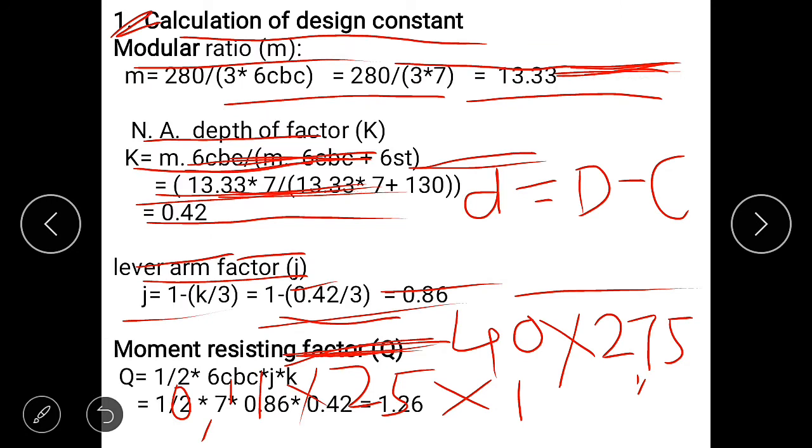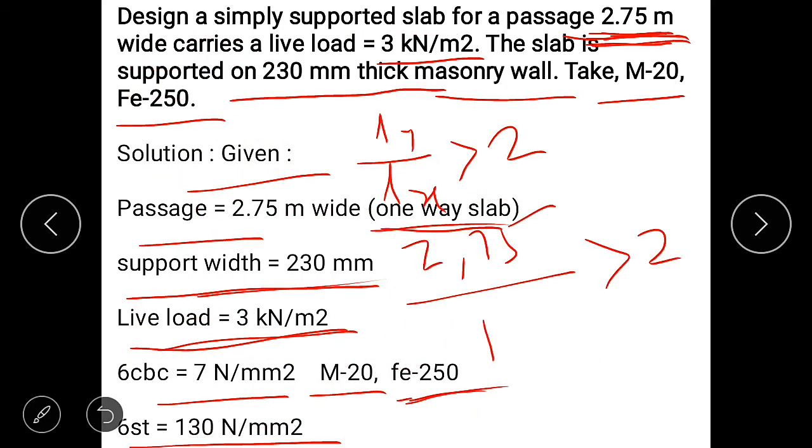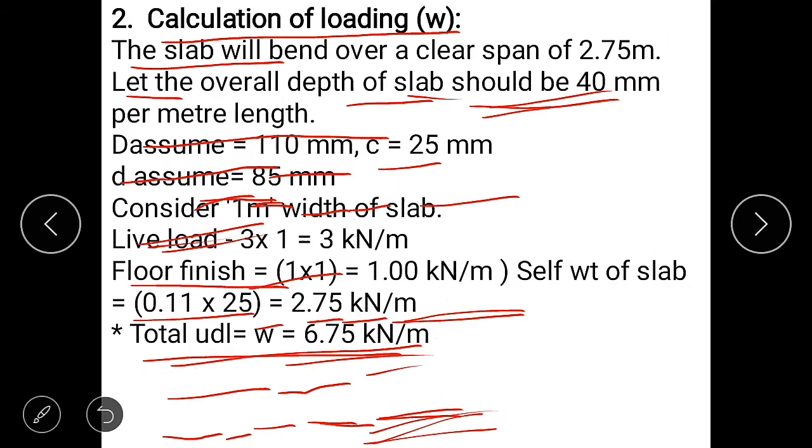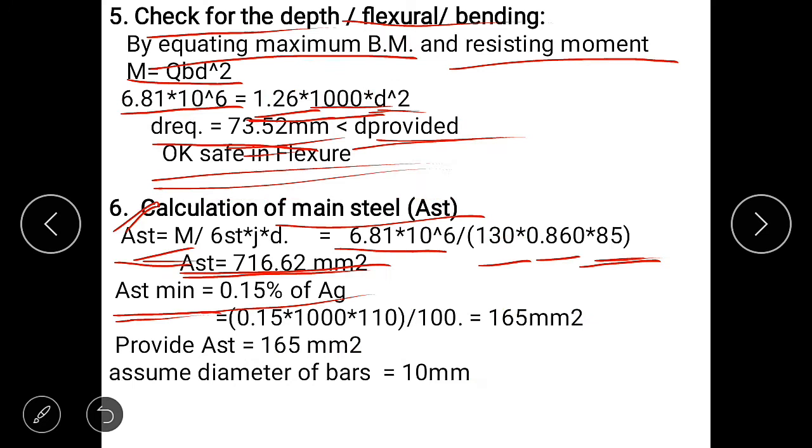Here they give us Fe 250. So for Fe 250, the AST minimum formula is 0.15 percentage of Ag, and for Fe 415 the formula is 0.12 percentage of Ag.